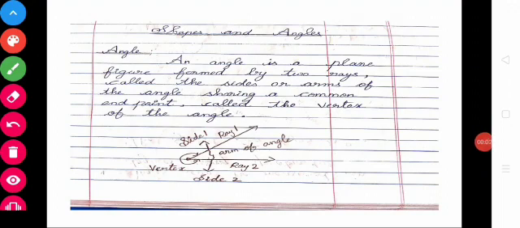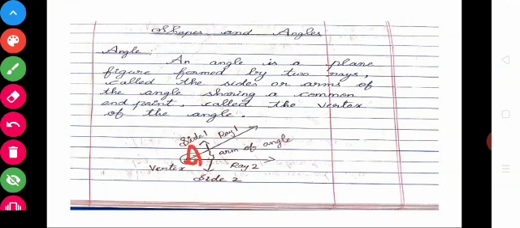Angle. An angle is a plane figure formed by two rays, that is ray 1 and ray 2, called the sides or arms of the angle, sharing a common end point.